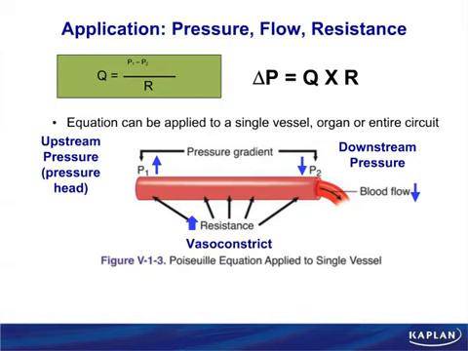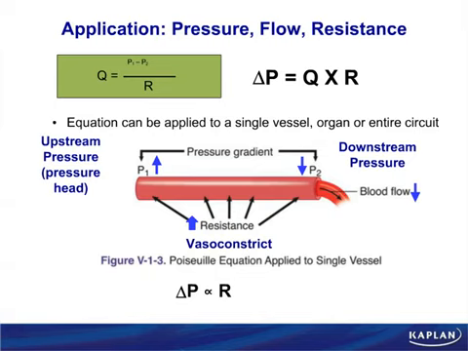Notice this key element: the change in pressure is proportional to the resistance. When this blood vessel vasoconstricted, upstream pressure went up and downstream pressure went down. That means the change in pressure, or the pressure drop, between P1 and P2 got bigger.